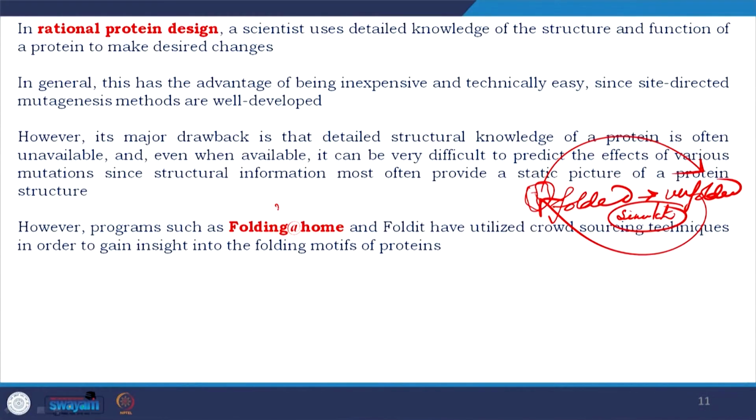But Folding@home by Vijay Pande is an amazing concept where people are giving access to their own personal computers when they are not using them. Also, Folding@home is taking the contribution of gamers. You know, gamers always have high performance computing.